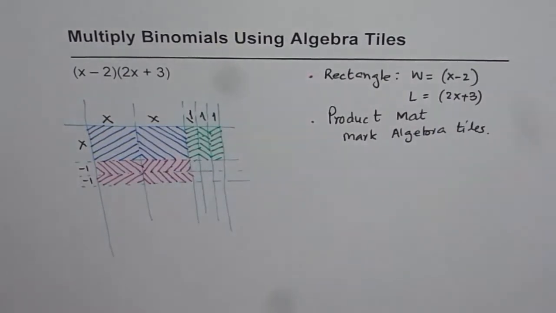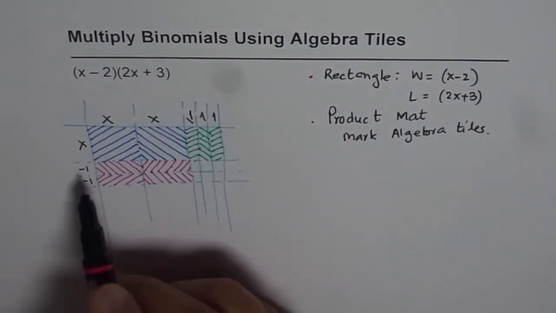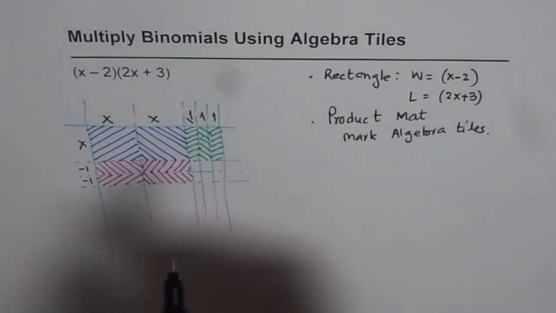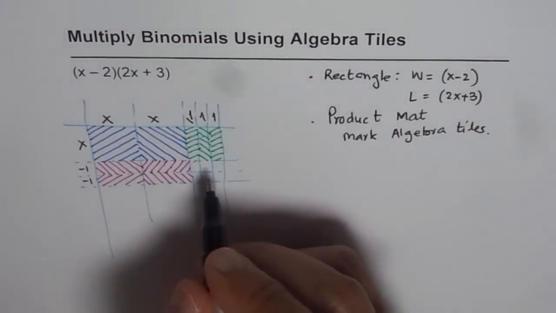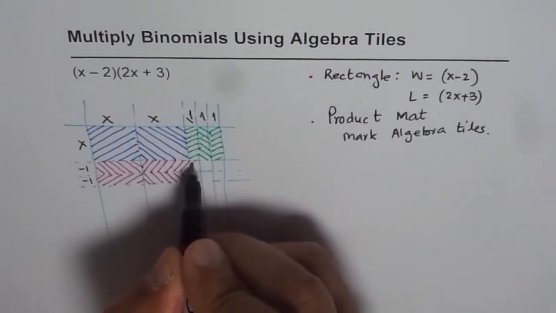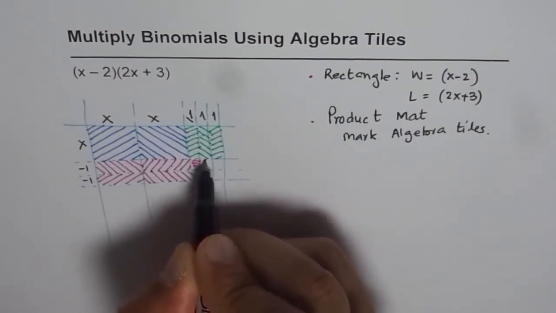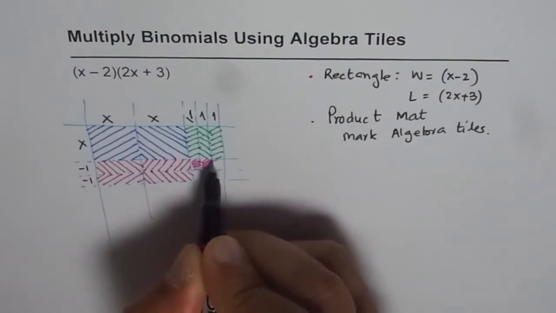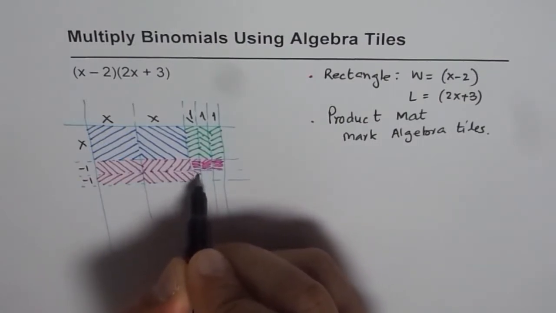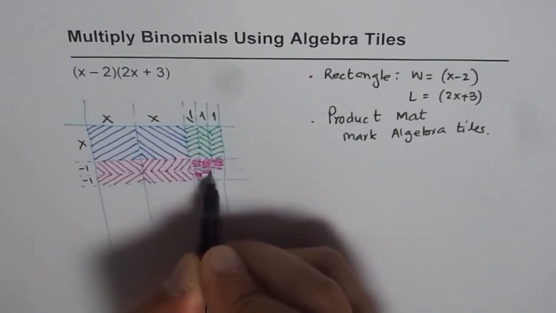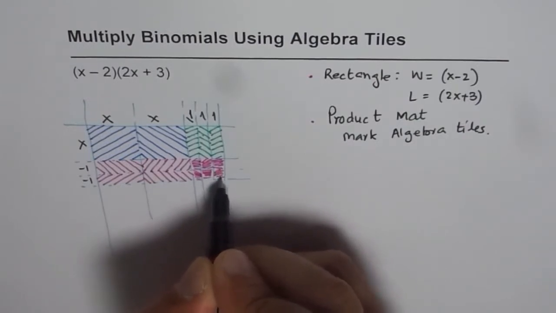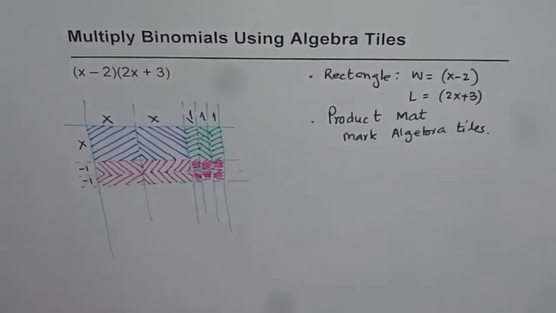So we got 4 of these negative x tiles. Now we have minus 1 times minus 1. So these are also negative 1s. So these are negative 1 tiles. Let me shade them. They are also red for us. Negative 1 tile. So we got 6 of these.